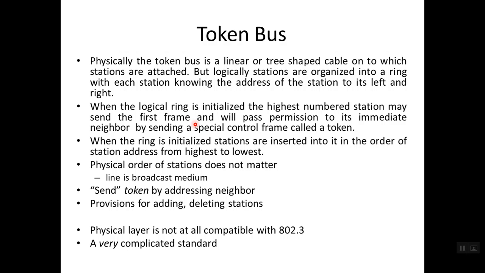After sending is over, the highest numbered station will pass the token to its immediate neighbor, which means it will pass the permission to the machine which has the next highest address.